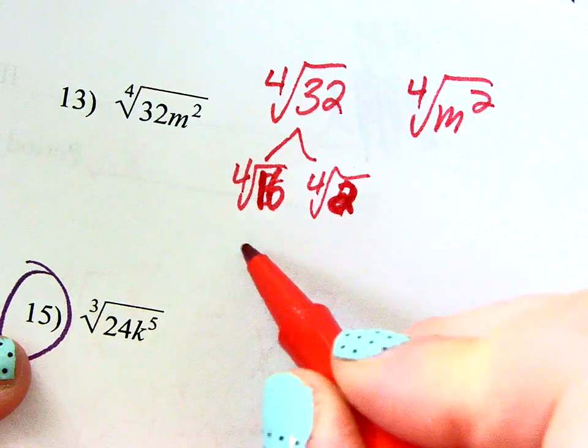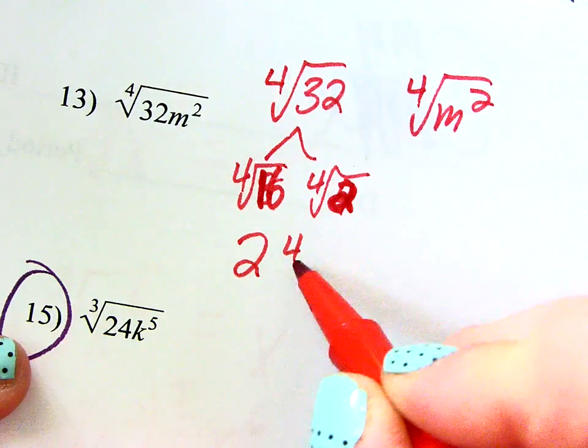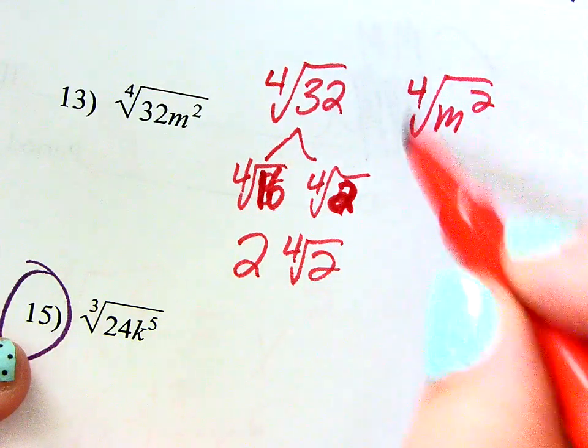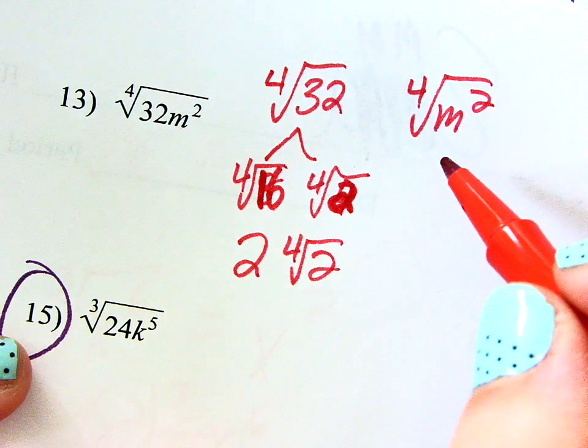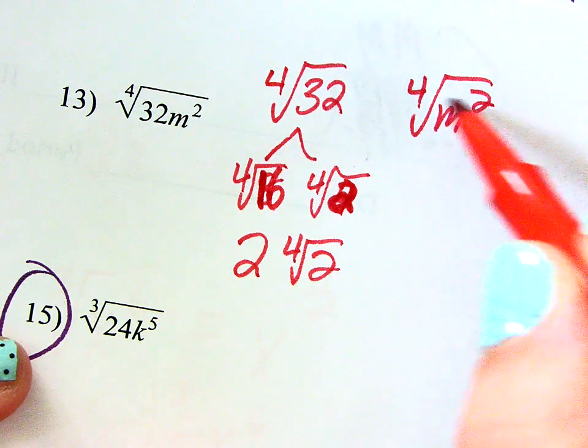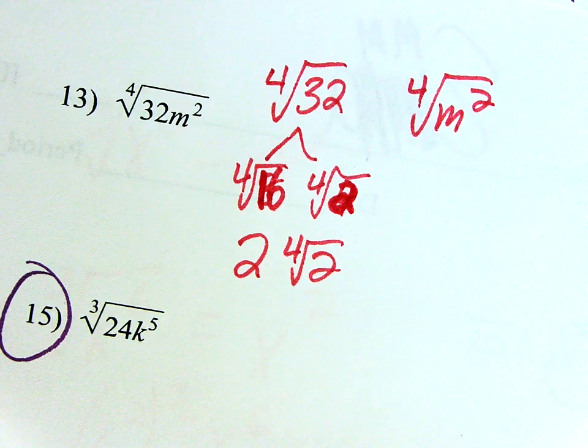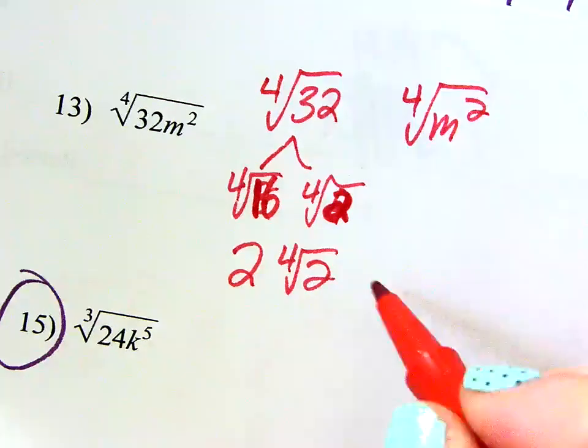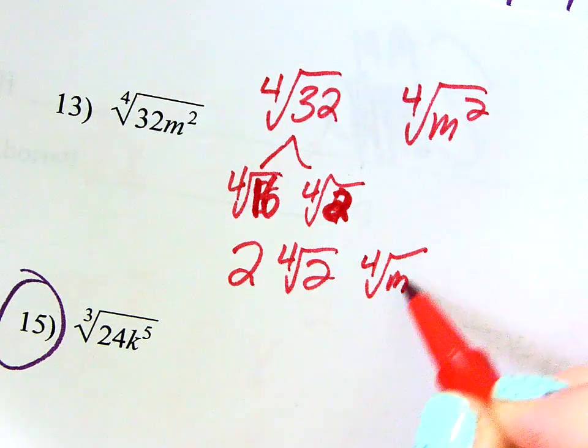The 4th root of 16 is just 2. And then that stays. Now, this here, I can't simplify that anymore. 2 divided by 4 is already a fraction less than 1. It's already simplified, so it just stays the 4th root of m squared.